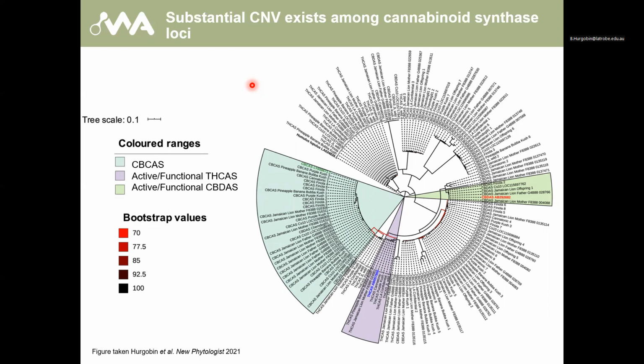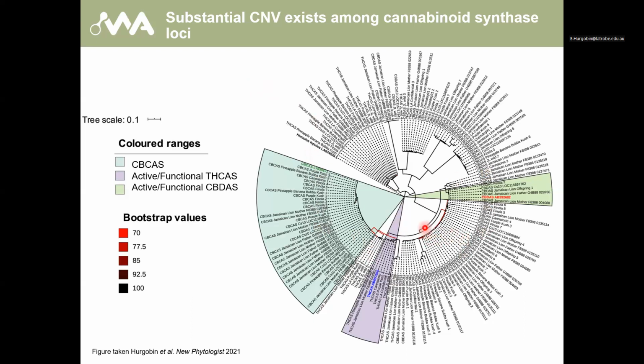Firstly, we found that the number of synthase gene copies between genomes was highly variable, with some genomes having many more copies of the synthases compared to others. We also found that each assembly had at least one active or functional form of these synthases, and by active form, I mean the chemotype determining form of the gene, which are highlighted in the 3 different colored clades of this maximum likelihood phylogenetic tree.